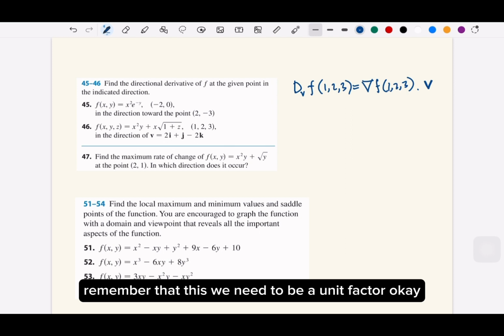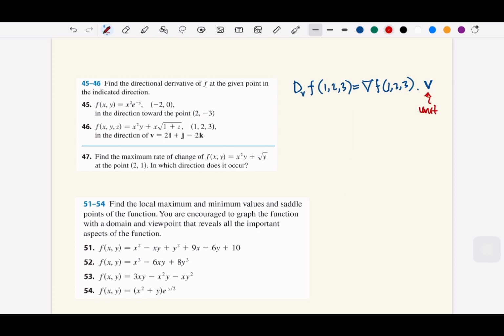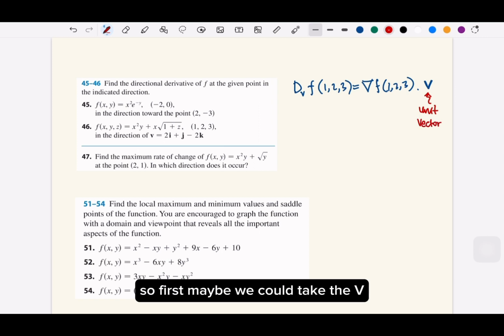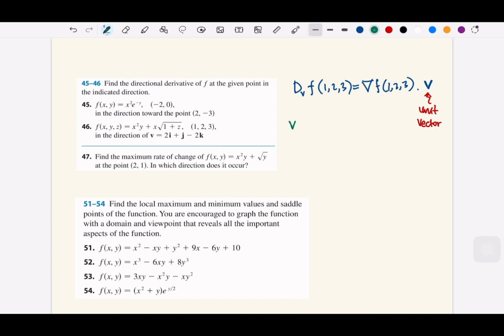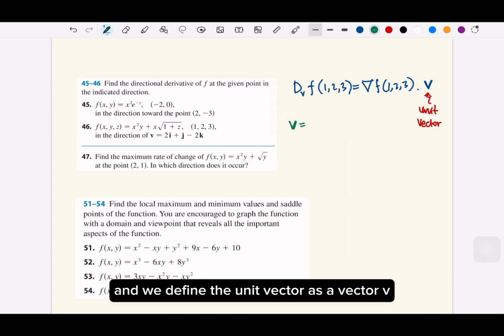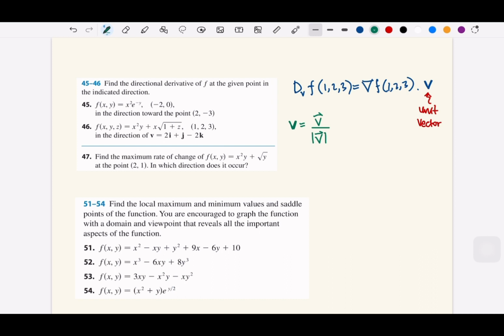Remember that this v needs to be a unit vector, okay? So first we take the v, and we define the unit vector as the vector v divided by the magnitude of that vector, okay?